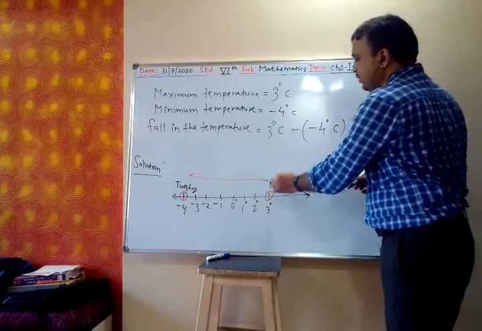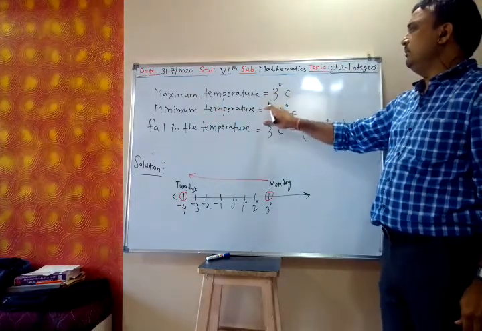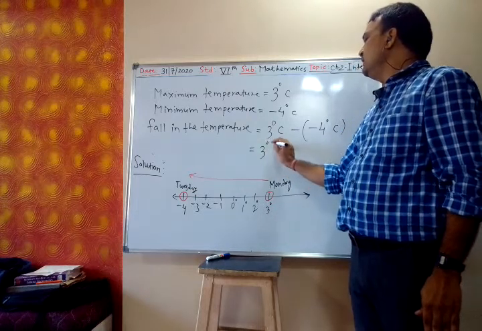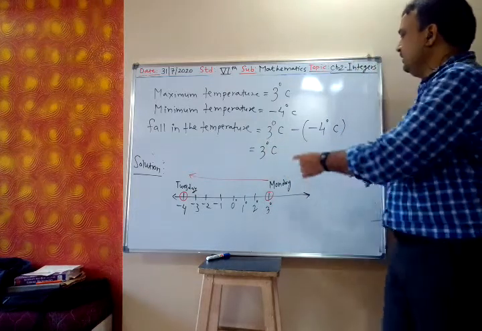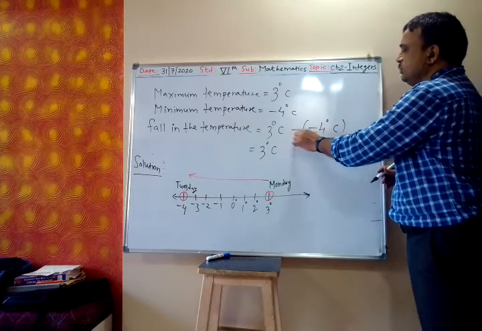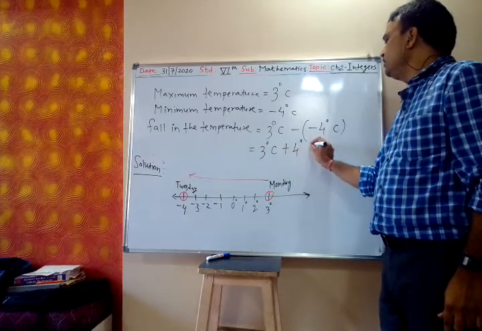This minus we write because we are moving on left. Yesterday I explained whenever minus and minus signs are together, it becomes plus. So 3 degrees plus 4 degrees Celsius.